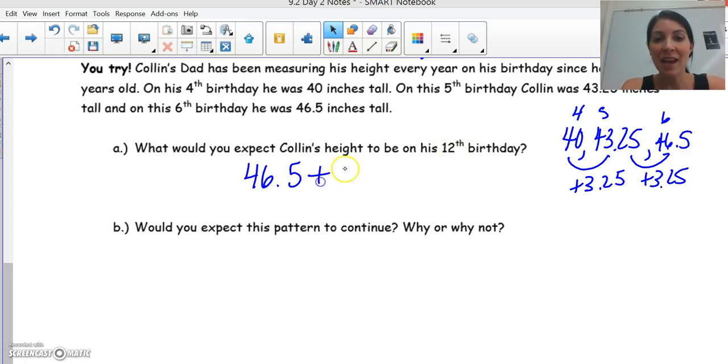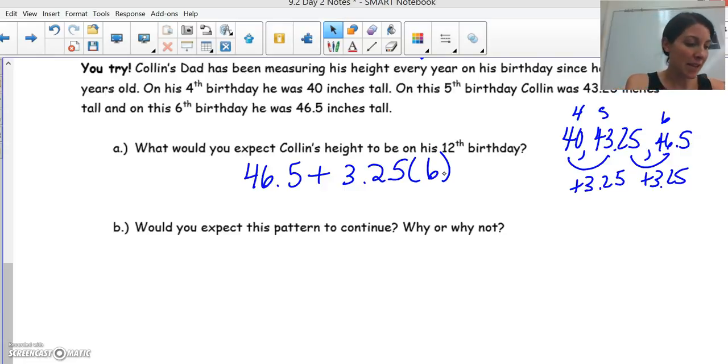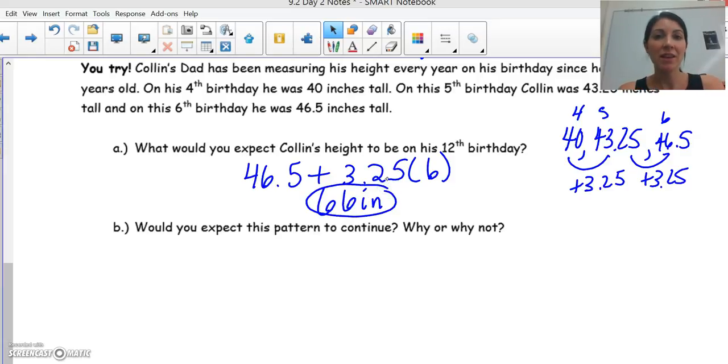So I am just going to add 3.25. I'm going to add that 6 more times. This is kind of a shortcut I like to take sometimes. So if I did 46.5 plus 3.25 times 6, I find that it would be 66 inches tall. So whether you use this method or the other method of writing the explicit formula first and then plugging in 12, you should both get 66 inches.